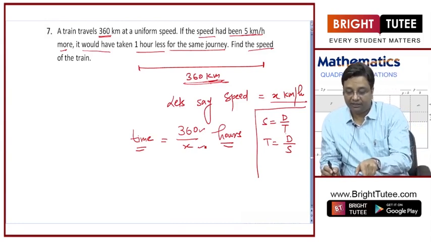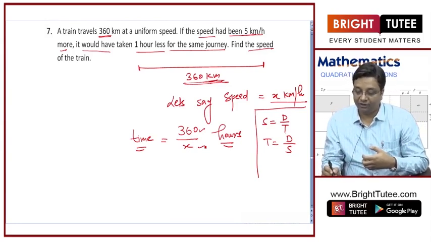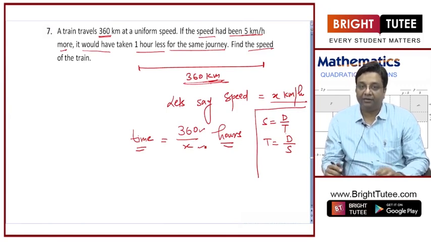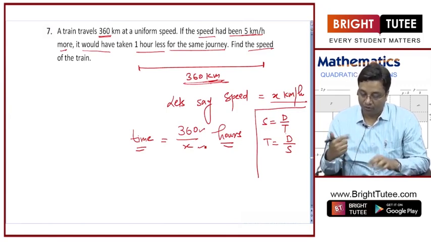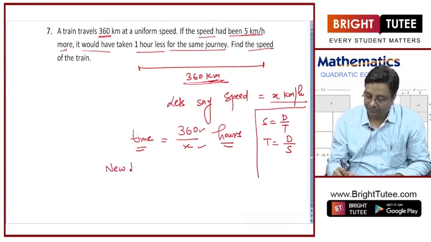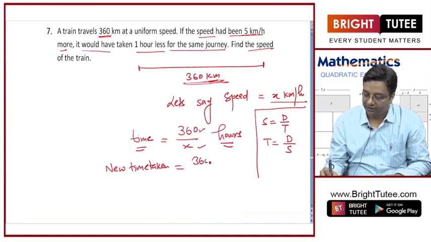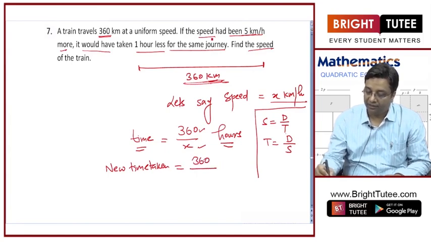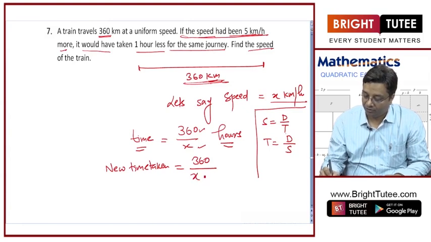Now the other condition is it would have taken 1 hour lesser for the same journey if the speed had been 5 kilometer per hour more. With the new speed, new time taken will be 360, distance is same, and now the new speed is 5 kilometer per hour more.